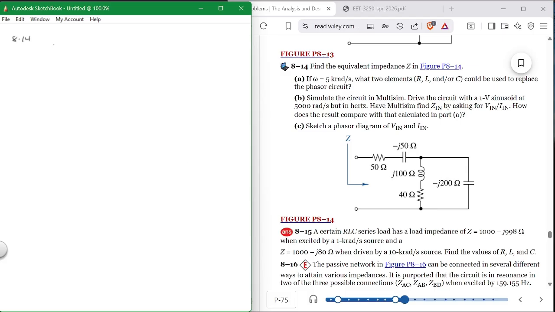I'll give you a question that looks like this. It may not be the same problem, but they will be j's and minus j's for the capacitors and inductors. All right?